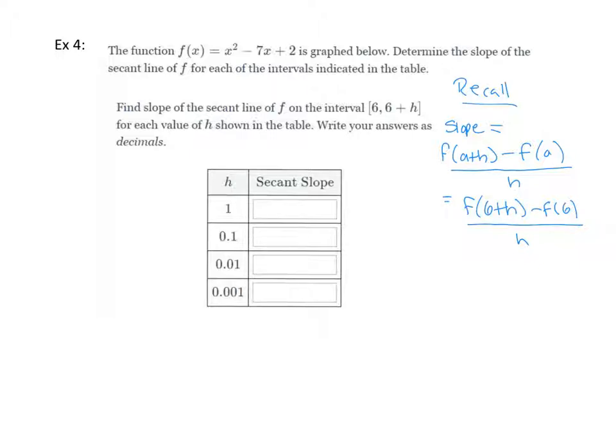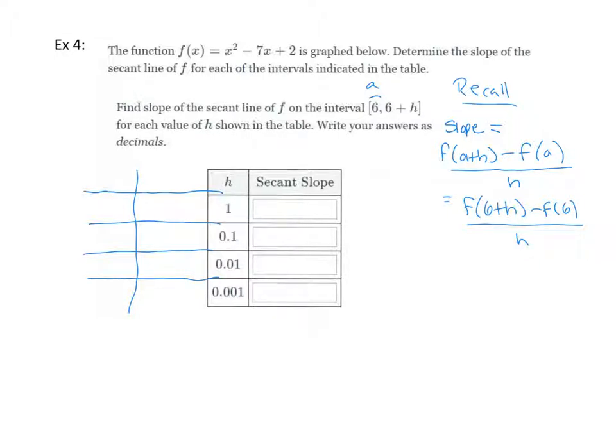Okay, so for instance, well, first we should know what f of 6 is, right? So let's do that. So notice here that my a is a 6, according to the format of this. So a is fixed at 6. There are two values that we really care about, right?